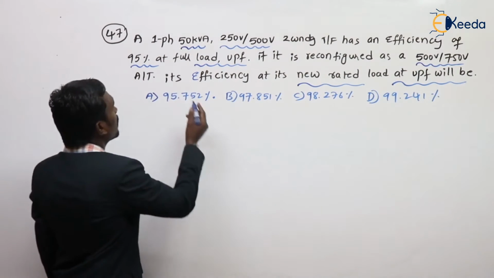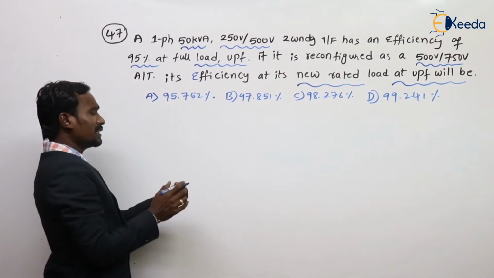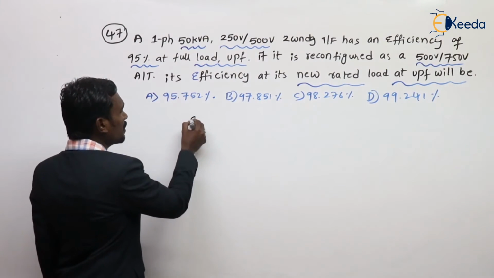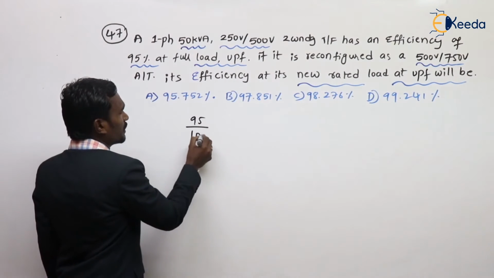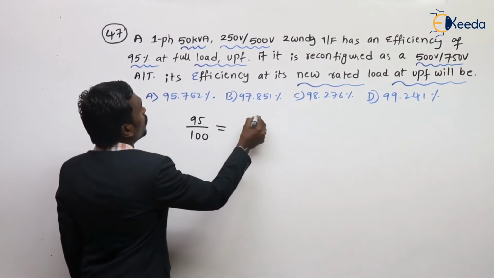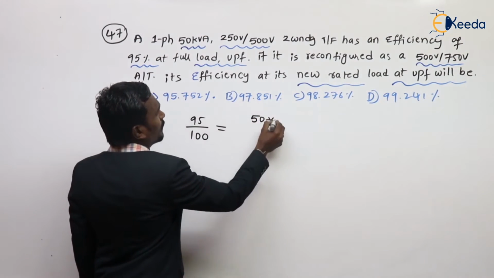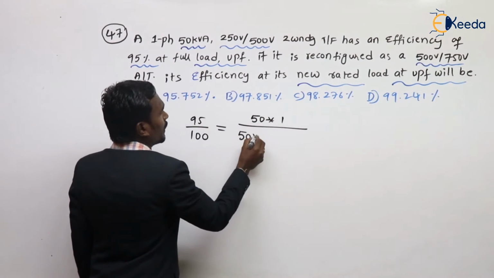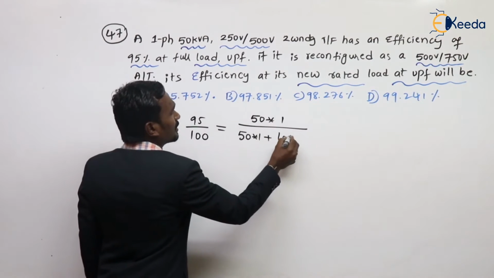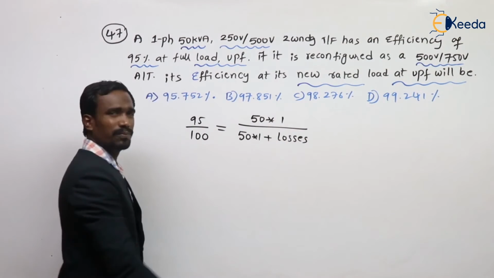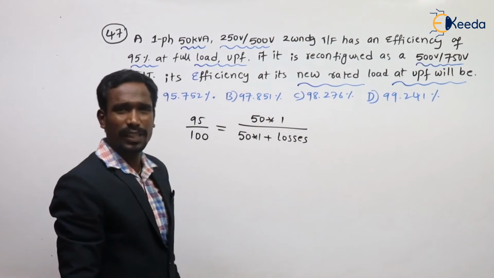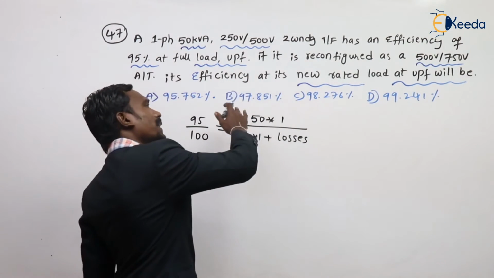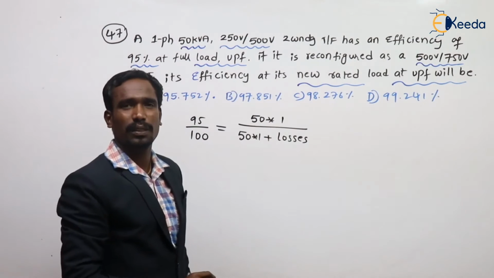First of all, they gave the efficiency of the two winding transformer, 95% at full load. So full load, that's why kVA is 50 and power factor unity. We don't know the losses. Losses won't change, only the kVA rating changes from two winding transformer to auto transformer.